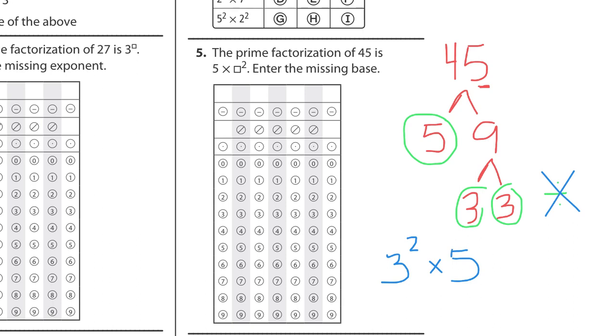And if we look here, we have 5 times blank to the second power. So what number is raised to the second power? That would be the 3. So our answer is 3.